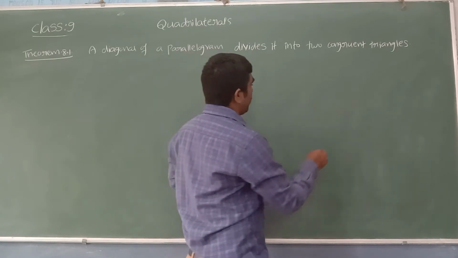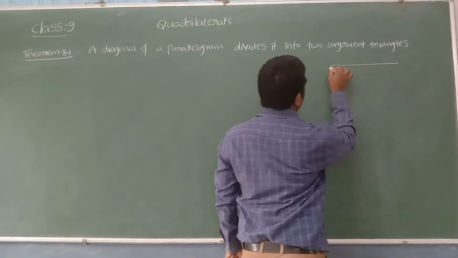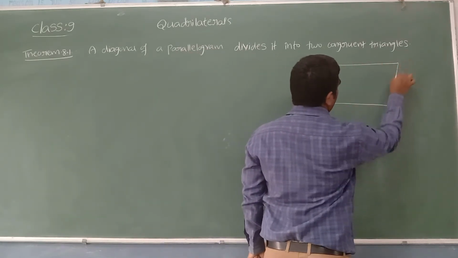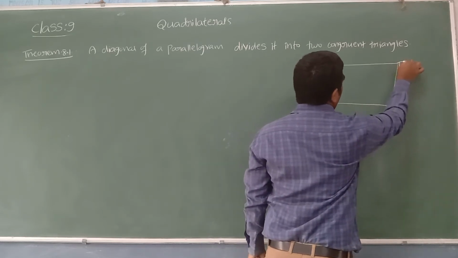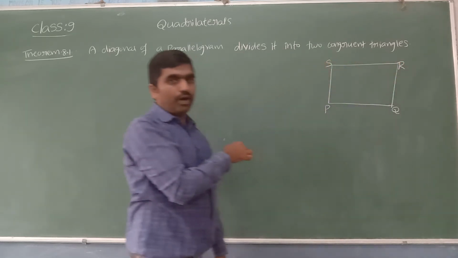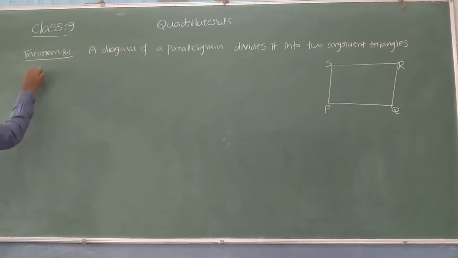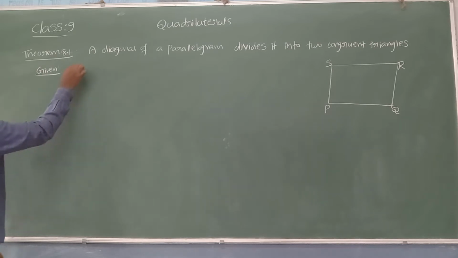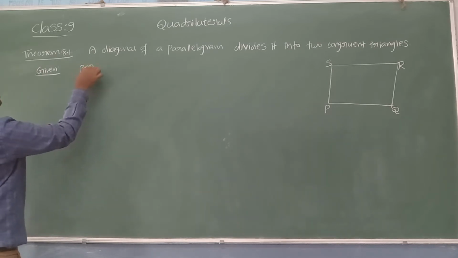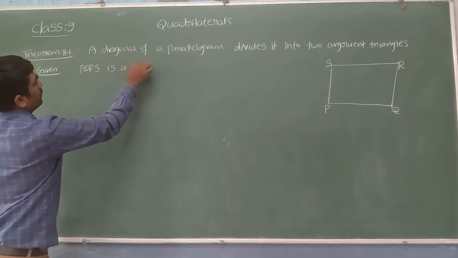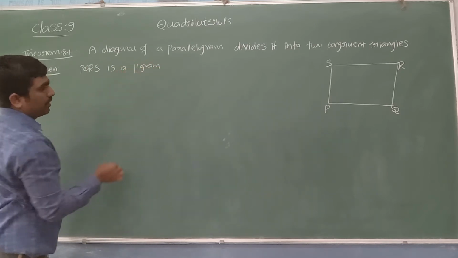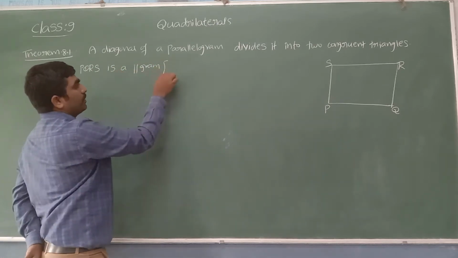The question is about a parallelogram, so let me draw one parallelogram, named PQRS. Let's write the given data first. PQRS is a parallelogram. What is meant by parallelogram?